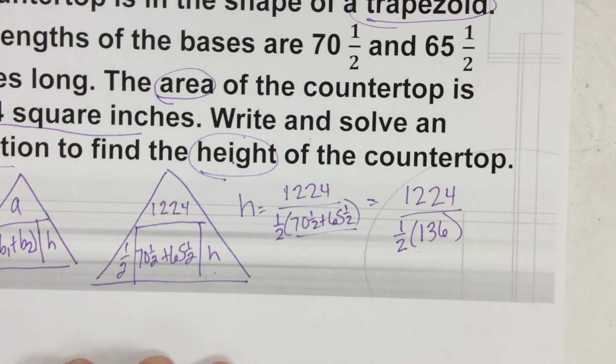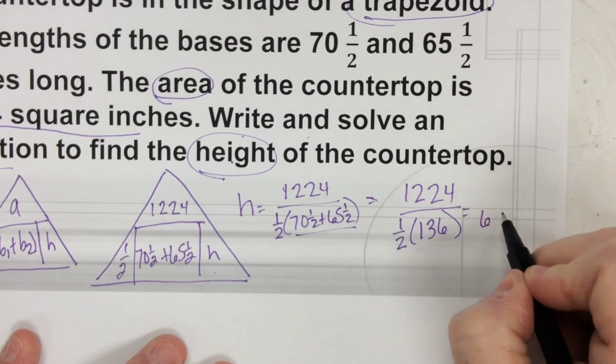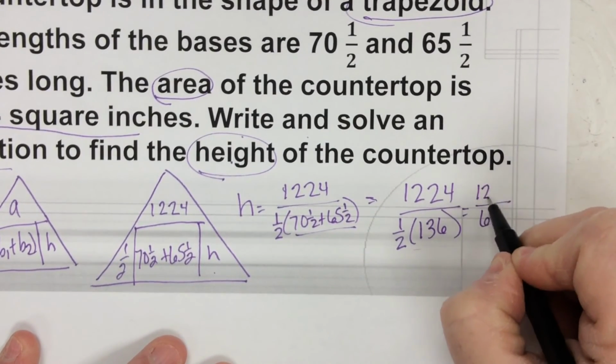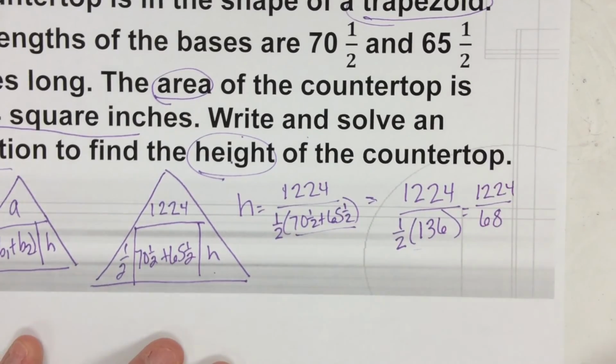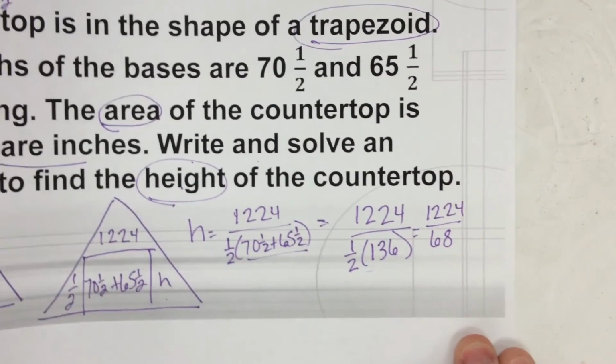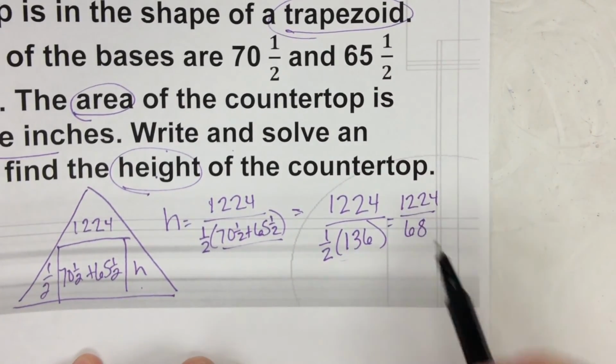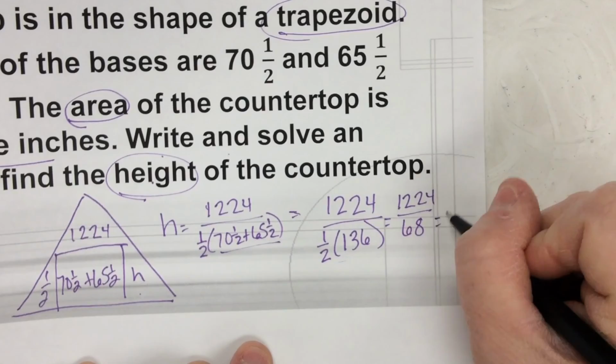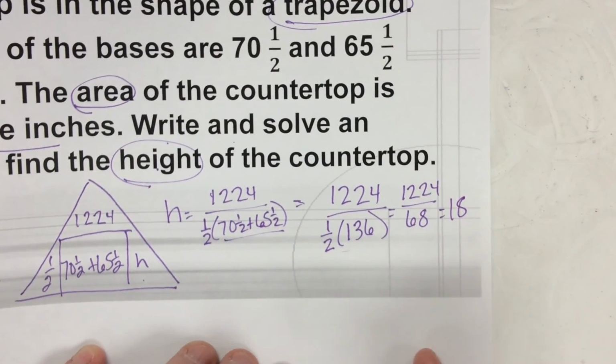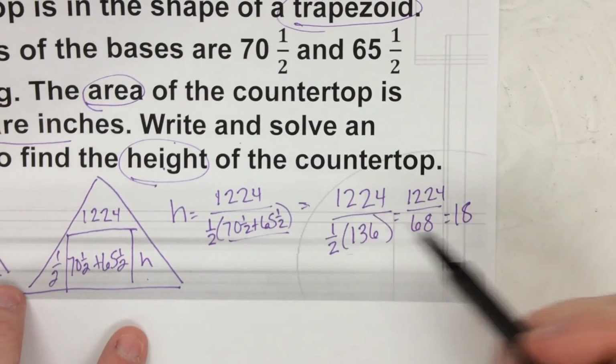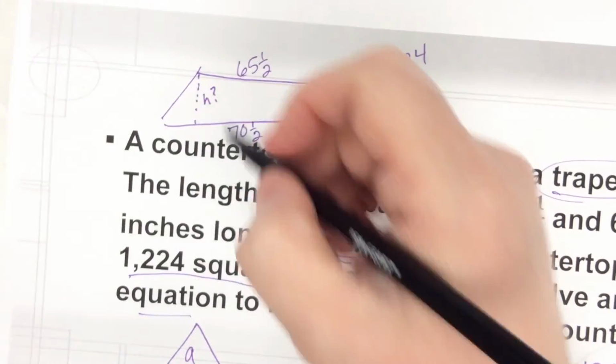So what's 1/2 of 136? It's 68. So really it's 1,224 divided by 68. And that's all we have to do to find our answer. So it's 18. The height of this countertop, or the height of this trapezoid, is 18 inches.